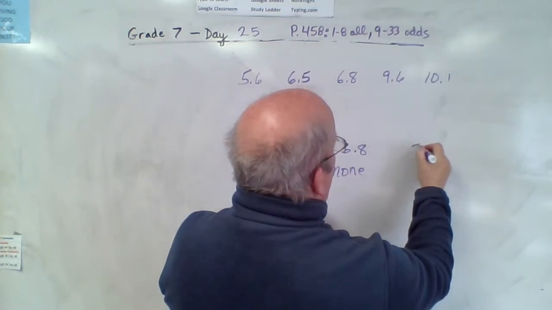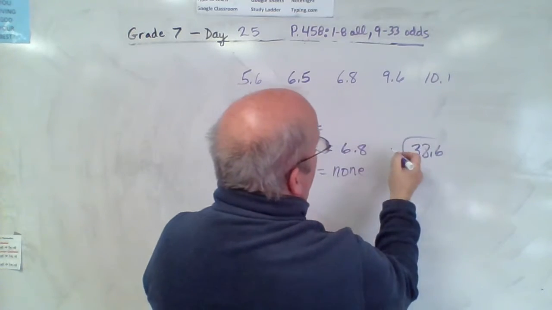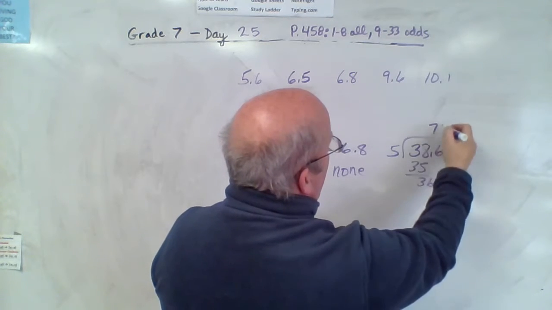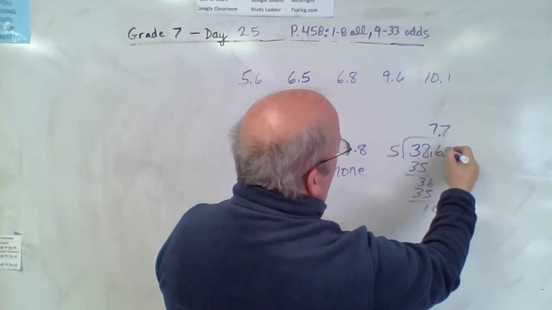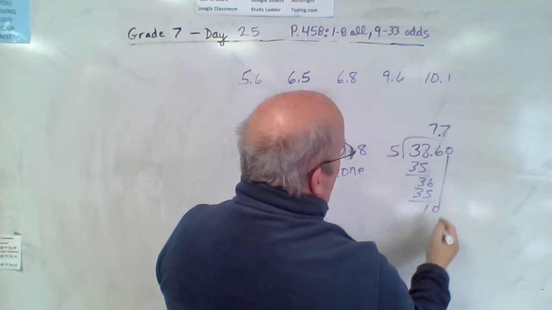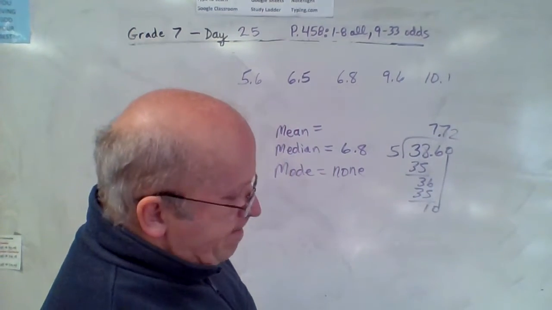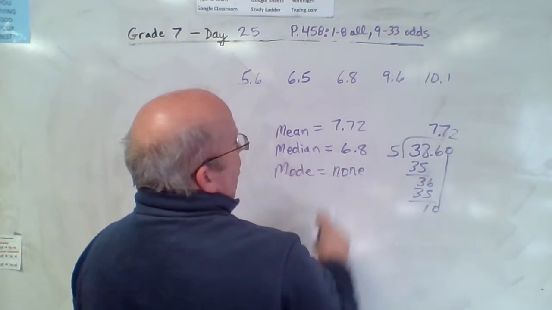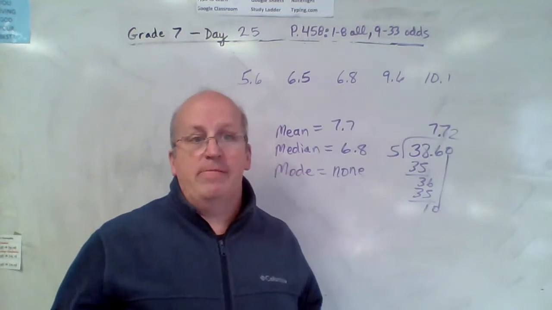Now what do I do with that 38.6? I divide by the amount of pieces of data, which in this case is 5, and I get 7.72. Now, typically in this kind of a problem, they're going to round to the nearest tenth, so I'm going to change that to 7.7. Okay?